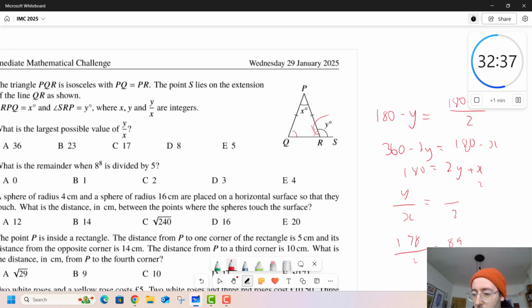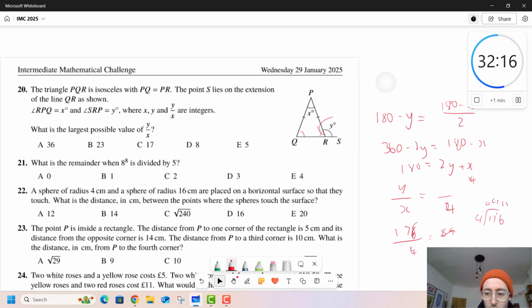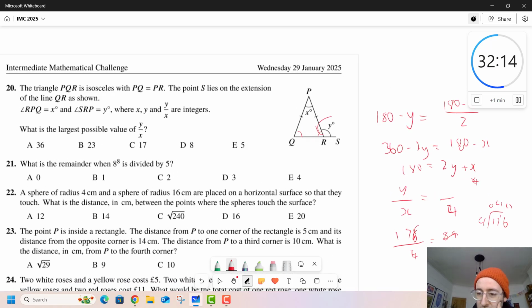Okay, if this was 4, then this would be 176 divided by 4. Yeah, okay. 176 divided by 4, which is 44. Oh, wow. I've got 44, but that's wrong.